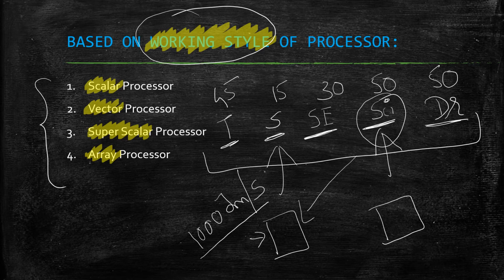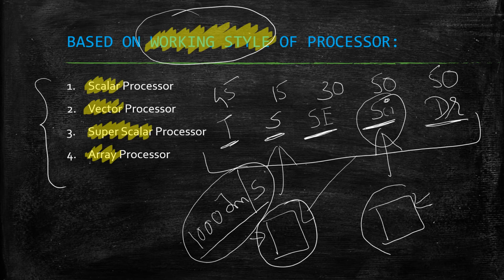No, not possible, because scientists need fast processing, since they have a huge amount of data. This is not his cup of tea, so he needs something more powerful, a high-end computer. Based on how your computer works, we have four different types of processor. That we call the working style.